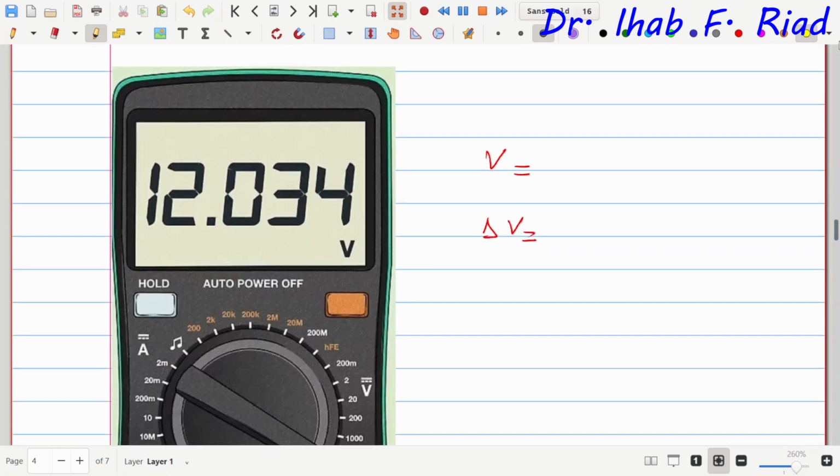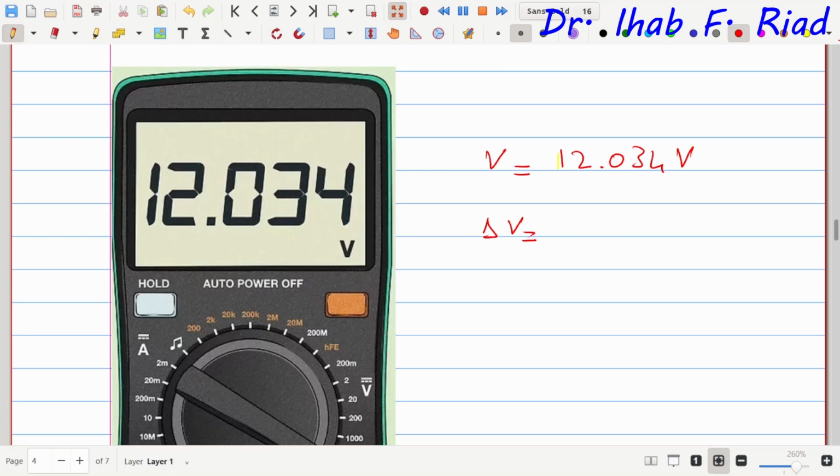What if we have a digital scale like this? So this is a digital voltmeter. What is the reading? It is very simple, we can just read the scale: 12.034 volts.